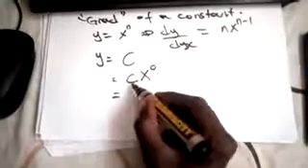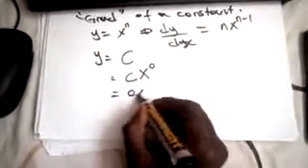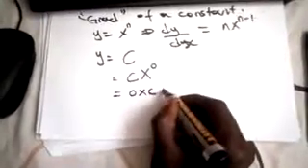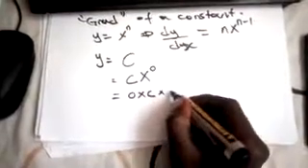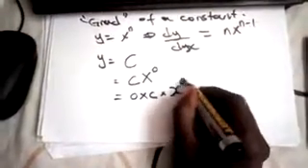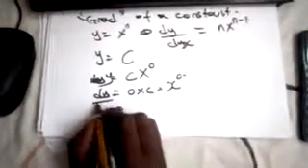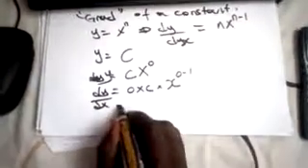So if I multiply by the power, it is going to be 0 times the constant times x power 0 minus 1. But this one is already 0, so it is making it a 0. So meaning that dy/dx becomes 0. So meaning that the derivative of any constant is 0.